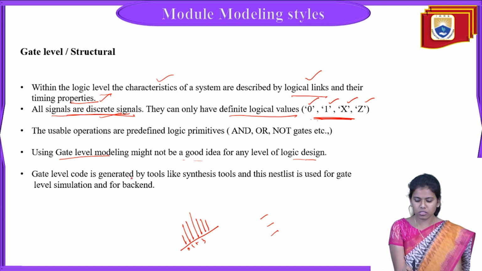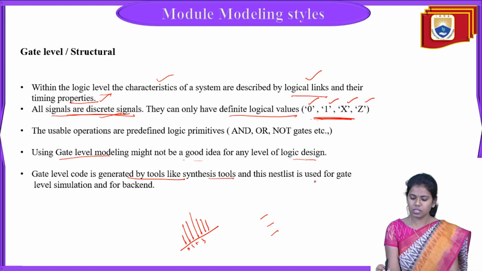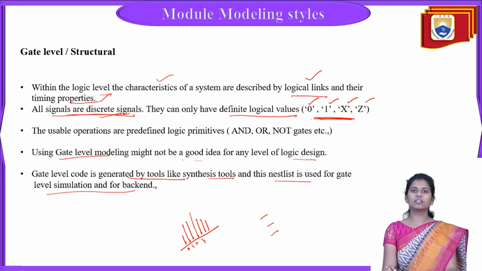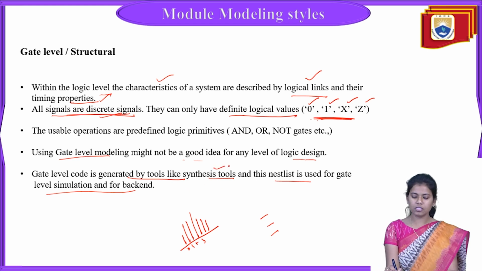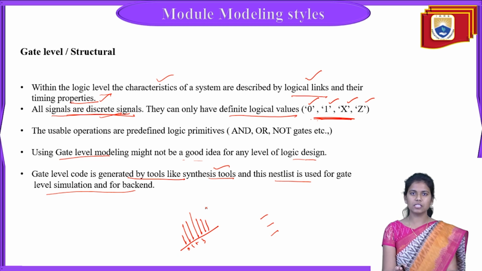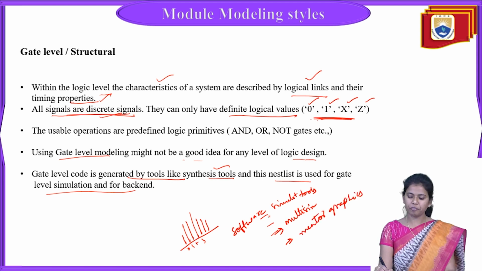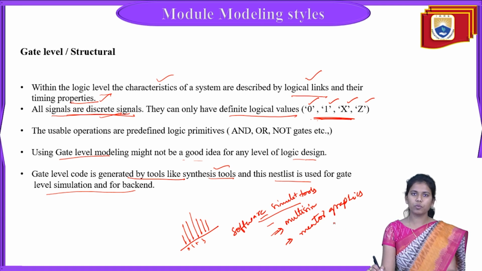And gate level code is generated by tools like synthesis tools, and the netlist is used for gate level simulation for the backend. So here the synthesis can be carried out using a synthesis tool. In the previous class we discussed some software simulation tools: Multisim and Mentor Graphics.